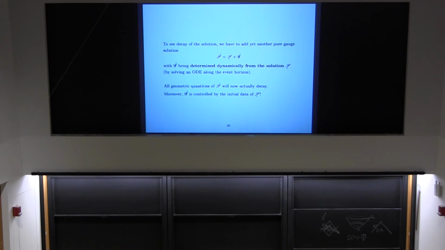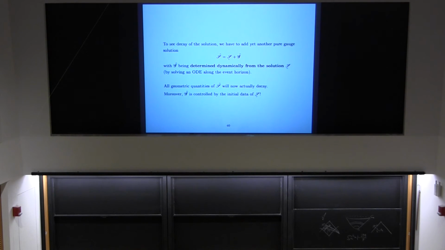So I look at the trace of a certain geometric quantity on the event horizon for the solution S hat. And then I solve an ODE for some function, and the solution to this ODE will generate the pure gauge solution G hat. And if I add the pure gauge solution G hat to my solution, then all geometric quantities of S with a hat upstairs will actually decay.